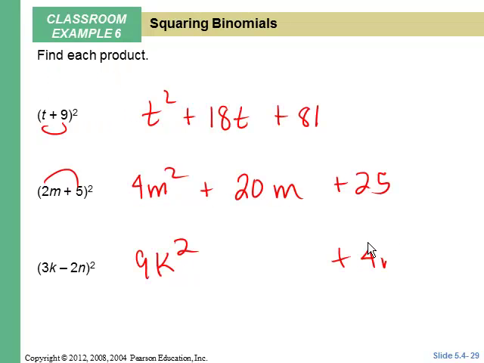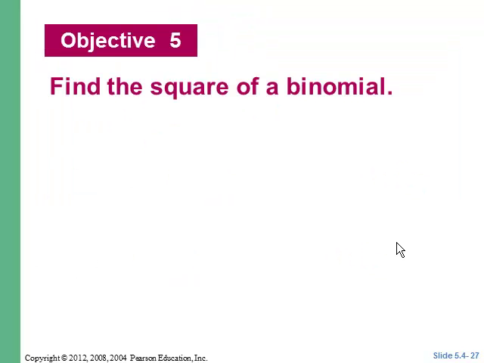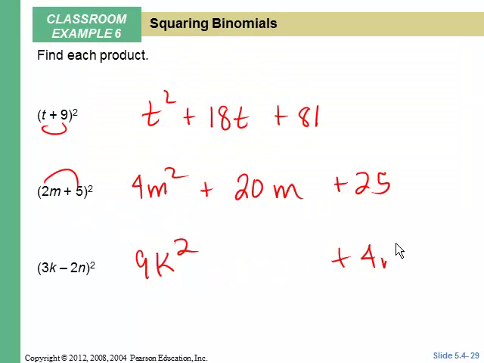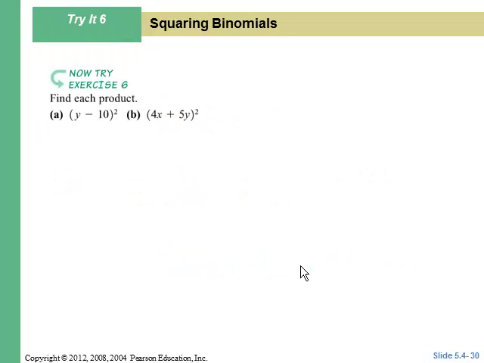Oops. Come on now. And then twice the first times the last. It's going to be a negative because of that negative sign. 12kn. Okay.